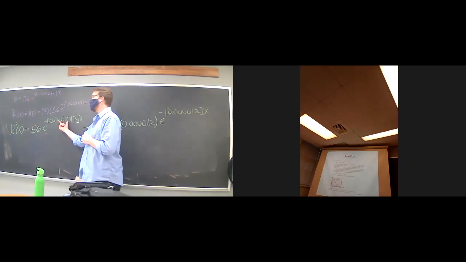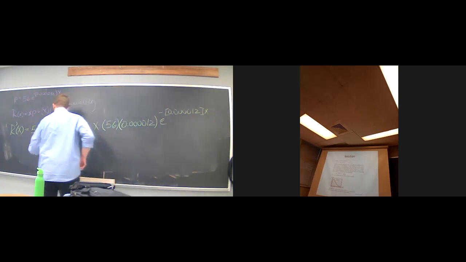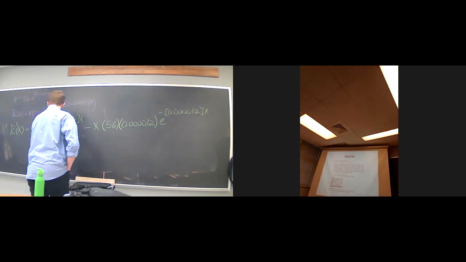Which makes sense because look at what's happening here. This is a really tiny decimal, right? Times an x value. So this thing is like 1.2 times 10 to the negative fifth, times 0.83 times 10 to the fourth.